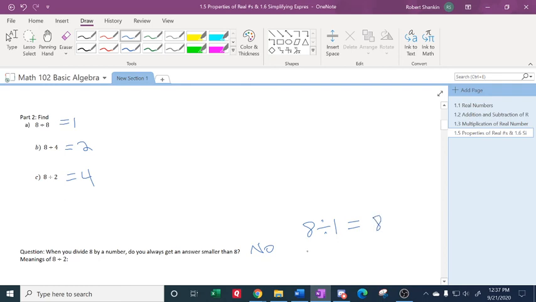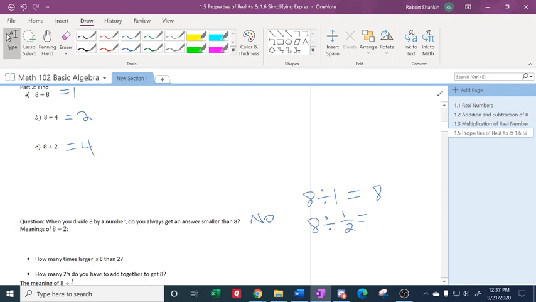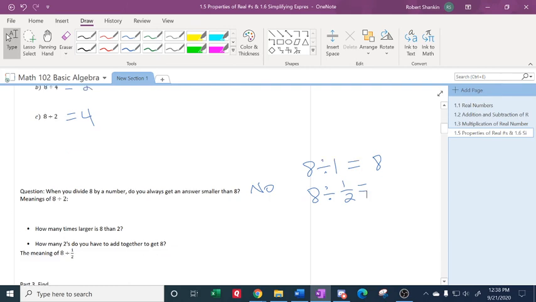When you divide 8 by a number that's bigger than 1, yes, you get an answer that's smaller than 8. But when you divide 8 by a number that's smaller than 1, we're going to figure out what this means in terms of this. Meaning of 8 divided by 2.